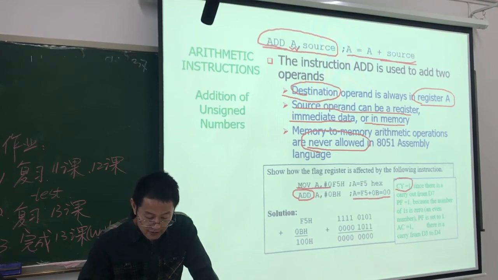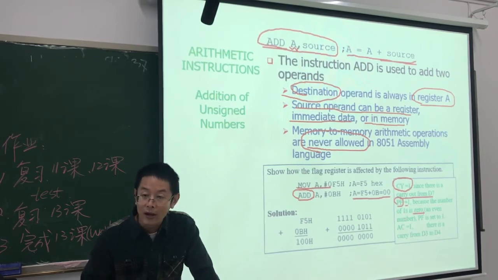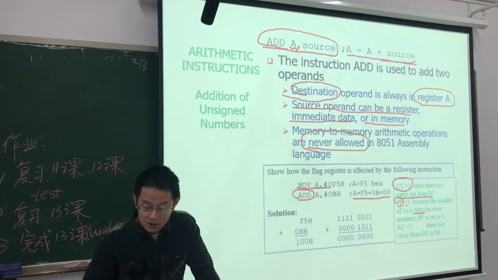CY is equal to 1 since a carry is out from D7. PF is equal to 1 because the number of ones is 0, no 1, so it's an even number.